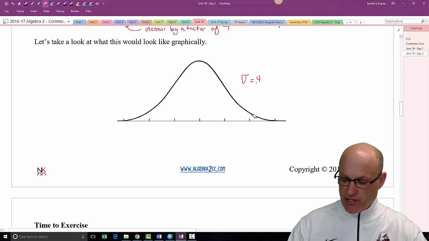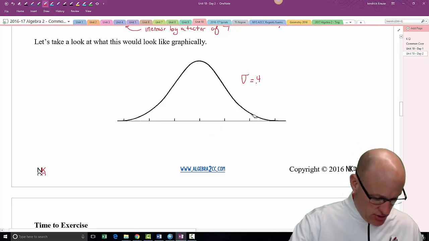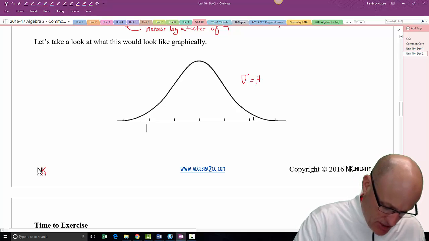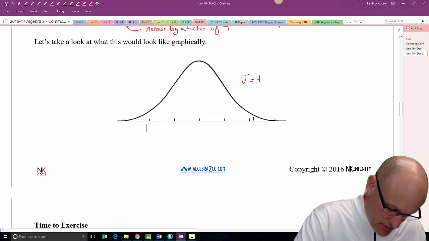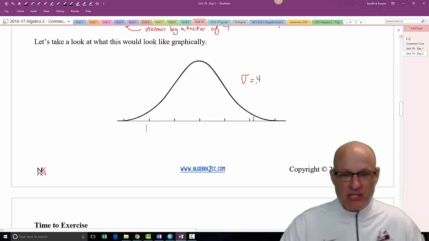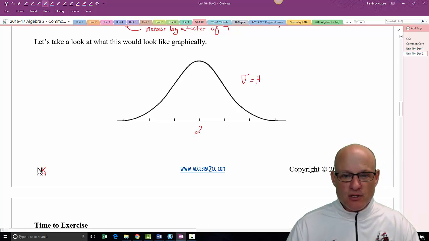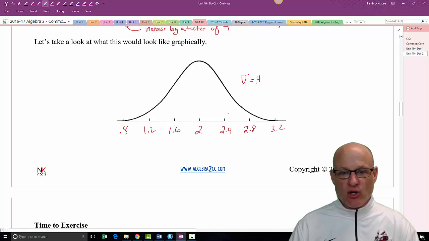I'm going to change this in my notes. Instead of my p being 0.8, I'm going to make it 2. So let's say my p value is 2. So I go by 0.4: 2.4, 2.8, 3.2, and I go 1.6, 1.2, and 0.8. Okay, so I have a p value of 2.